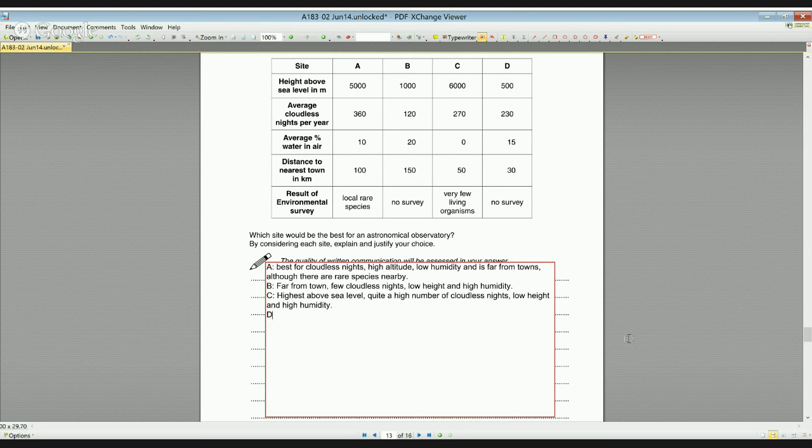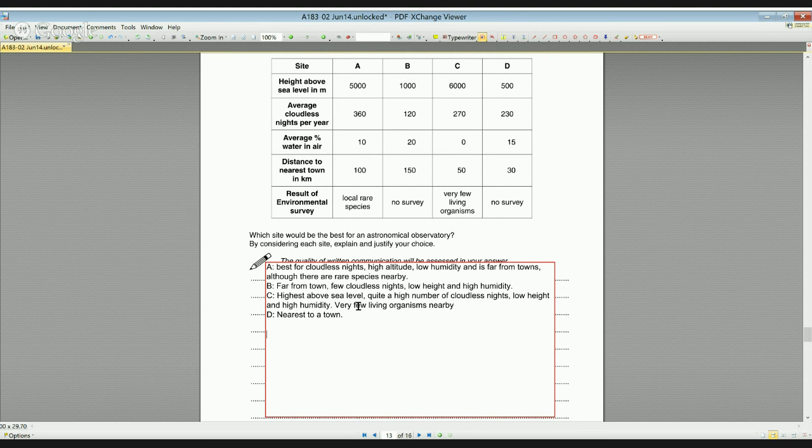And finally, D. Actually we should say as well for C, there are very few living organisms nearby. And D is nearest to town. It's only 30 kilometers away. So that could be convenient if you need to get access from the nearest town.